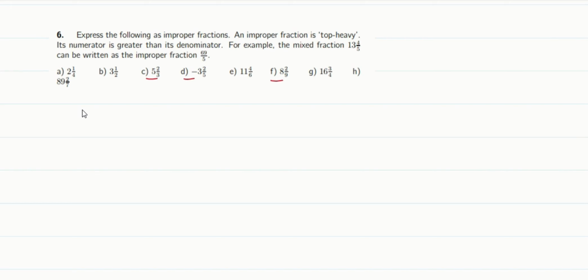Okay, now in this question, we want to change the mixed fractions to improper fractions. In order to do so, we're just going to define what they mean first, then we can easily calculate the values. So a mixed fraction, as I said on the previous example as well, has two parts. The first one is a whole number, and the second part is a fraction. The whole number is the integer in here.